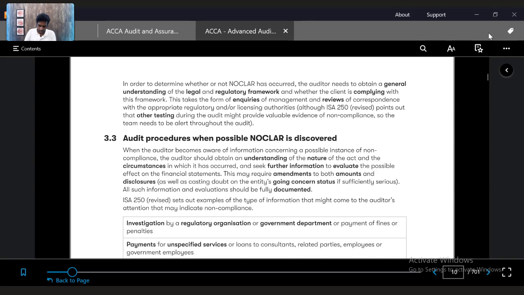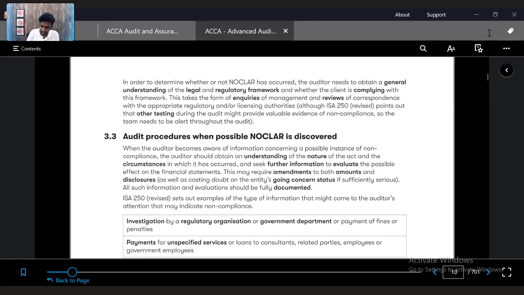So in order to determine whether NOCLAR has occurred, what will the auditor do? Firstly, he tries to obtain a general understanding of the legal and regulatory framework within which the company is working. Like AML. When we are auditing a bank, the first thing we ask is, do you have an AML procedure? Give us the procedure document. If the bank does not have an AML procedure document, definitely that is a non-compliance.